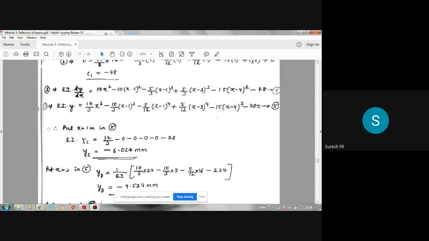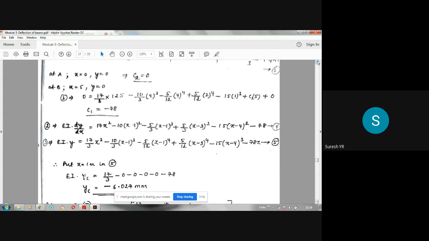Then you get the final slope and deflection equations. dy by dx is nothing but theta, so if you want the slope at any point, use this equation. If you want the deflection at any point, use the deflection equation by putting the value of x, measured from point A.